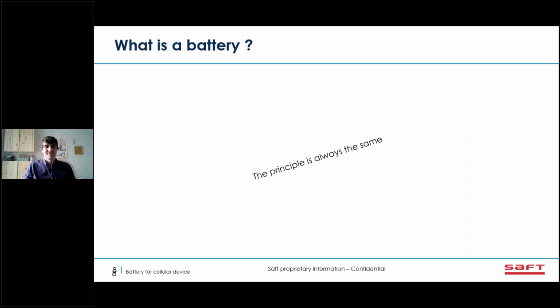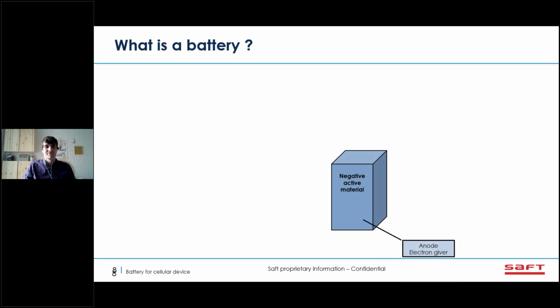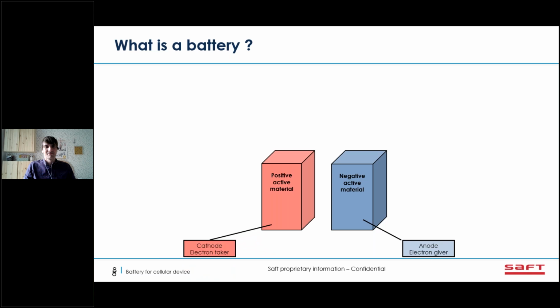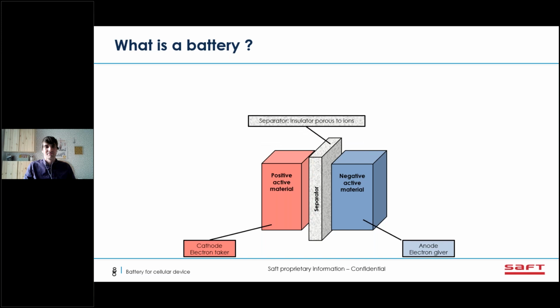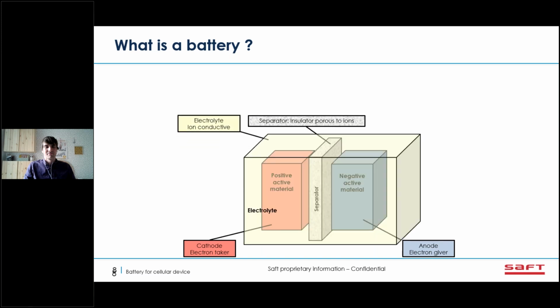The principle is always the same. You need a negative active material, which is the anode, the electron giver. You need a positive active material, which is the cathode, the electron taker. You need a separator to insulate the negative from the positive materials. You need an electrolyte, which is ion conductive, and you need a can.